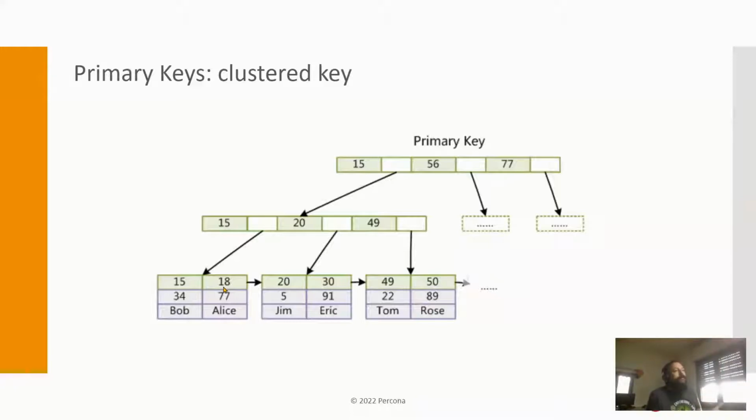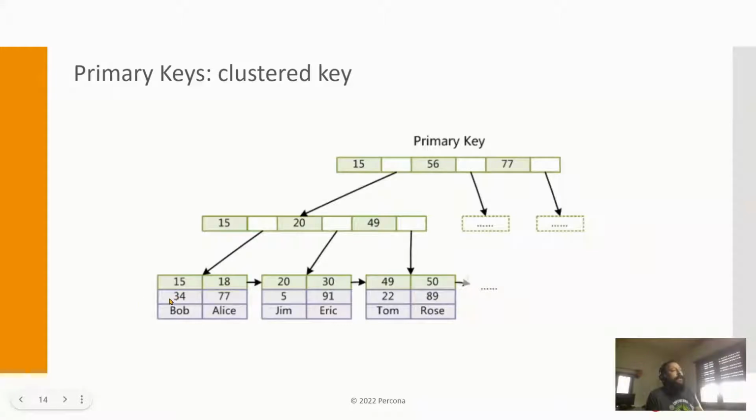So, it's kind of hard to decide which model is best. But the important thing is to keep in mind the keys are clustered keys, and we want to have the rows in some order. In this case, they're going to be in the natural order of the primary key.